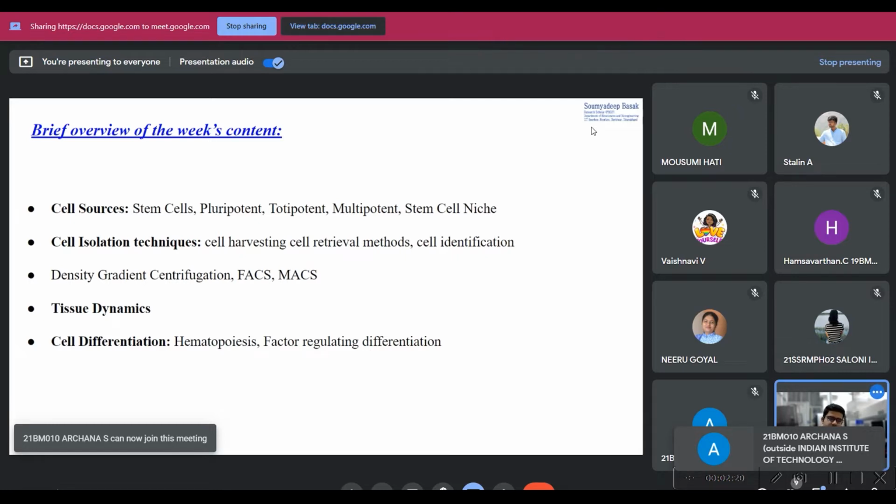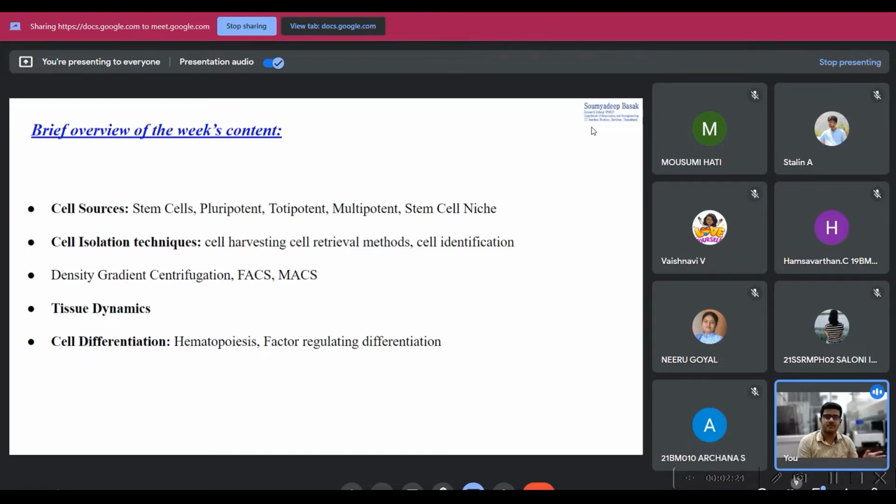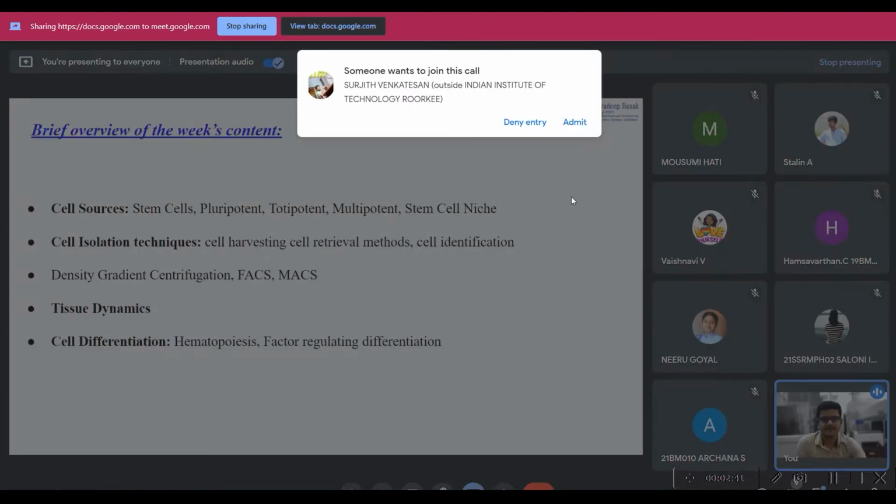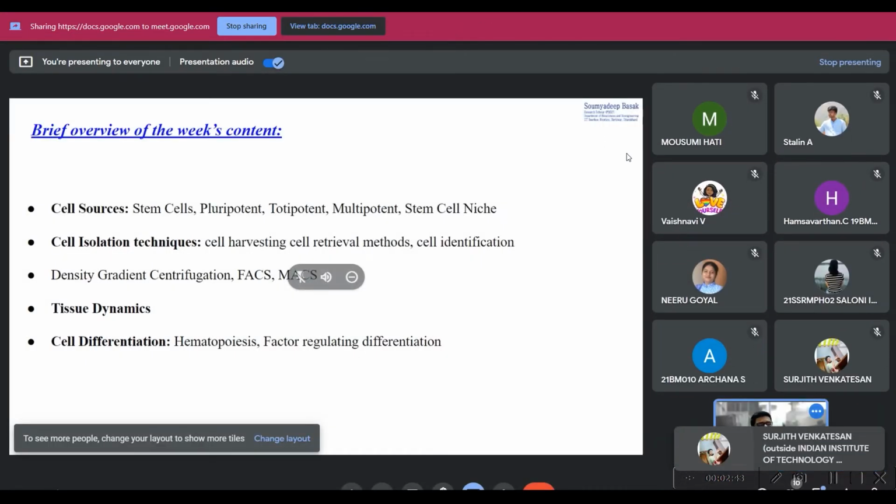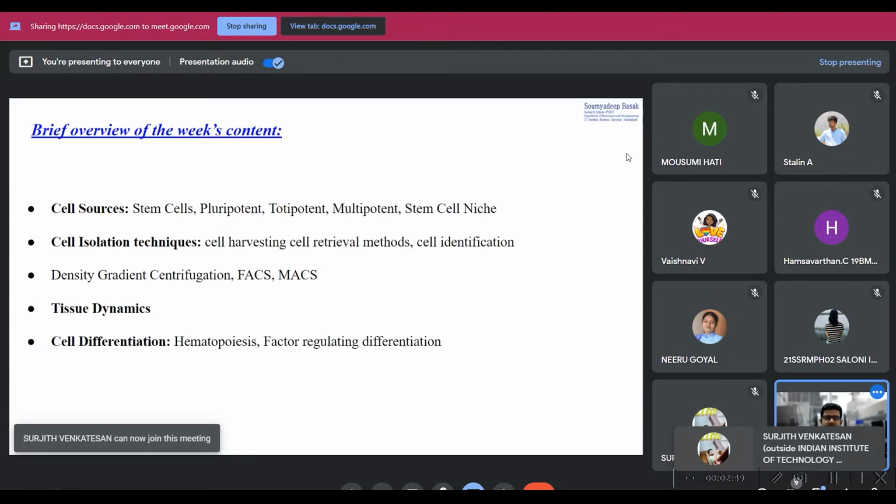This week we studied how tissue behavior changes and how it impacts the tissue engineering perspective. Then we focused on cell differentiation, mostly the hematopoiesis steps, as well as factors regulating differentiation, de-differentiation behavior, and induced pluripotent stem cells. These things we have studied this week.